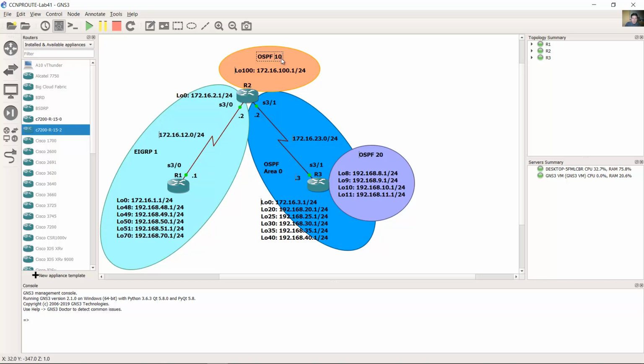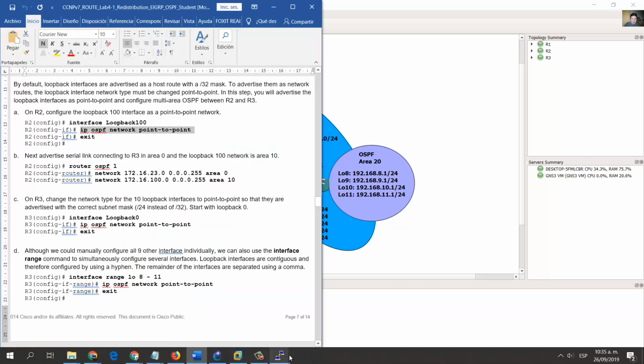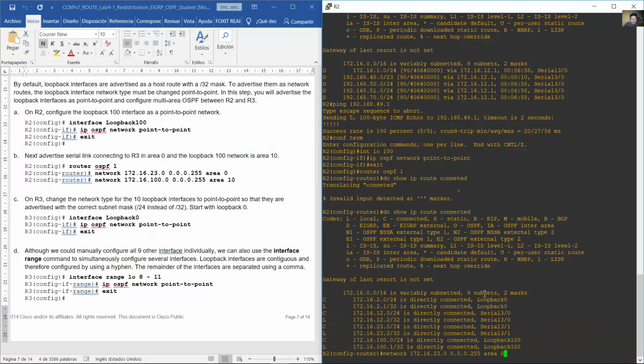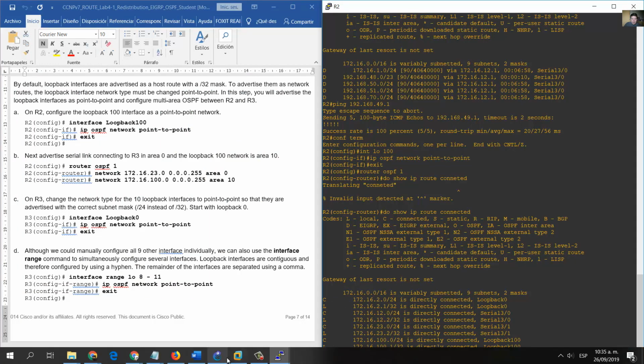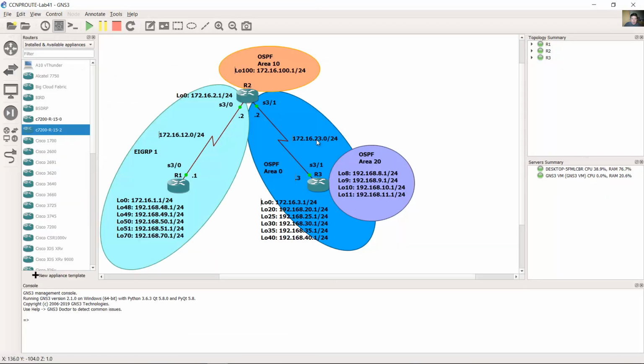Okay, OSPF process ID 1 with area 10 in this case, and the other network on area 20. Okay, that is better. And 23, this network is placed on area 0.